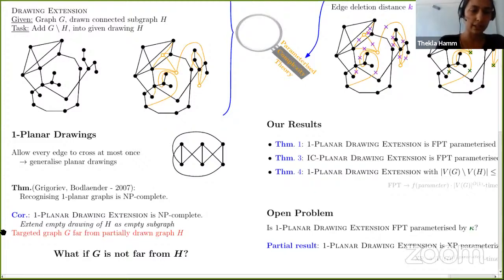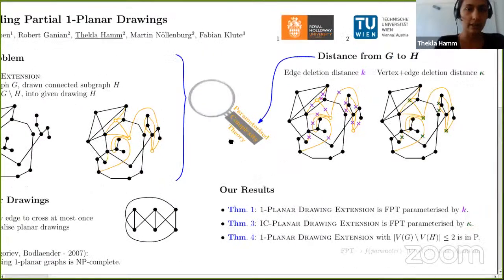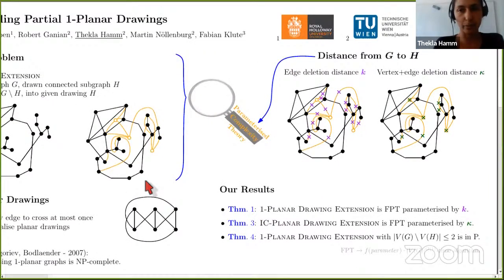But this hardness reduction heavily relies on the fact that H can contain little to no information about G. So what we asked is, what can we say if G is not too far from H? Formally, we looked at the problem through the magnifying glass of parameterized complexity theory.